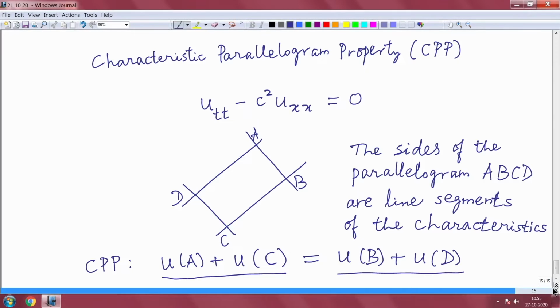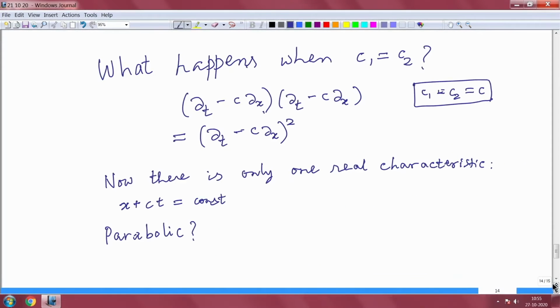So, again back to this second order equation with only one real characteristic. Okay. So, this equation I will write as (del t minus c del x) squared u equal to 0. So, a homogeneous equation I am considering.